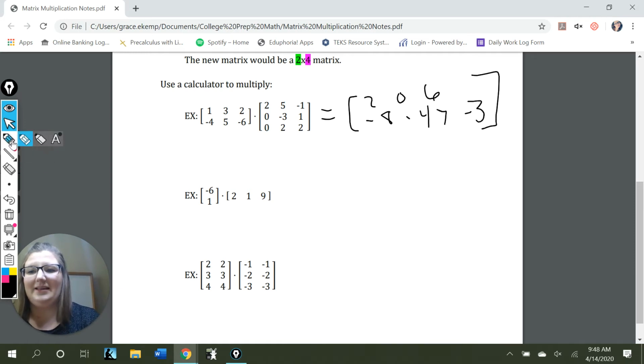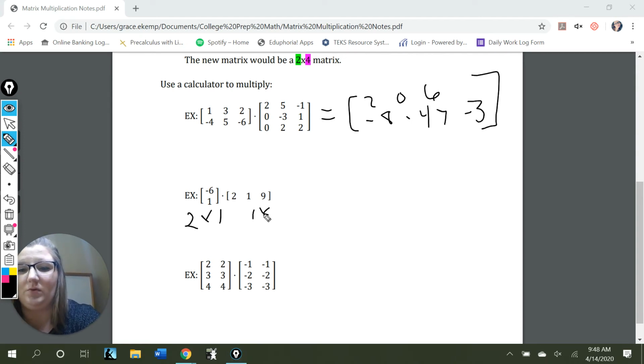So when we look at the sizes of these two matrices, we need to figure out if we can multiply them together. So our first matrix has 2 rows, and then just the one column. So that's a 2x1 matrix. Our second matrix has just this one row, but then 3 columns. So that's a 1x3 matrix.